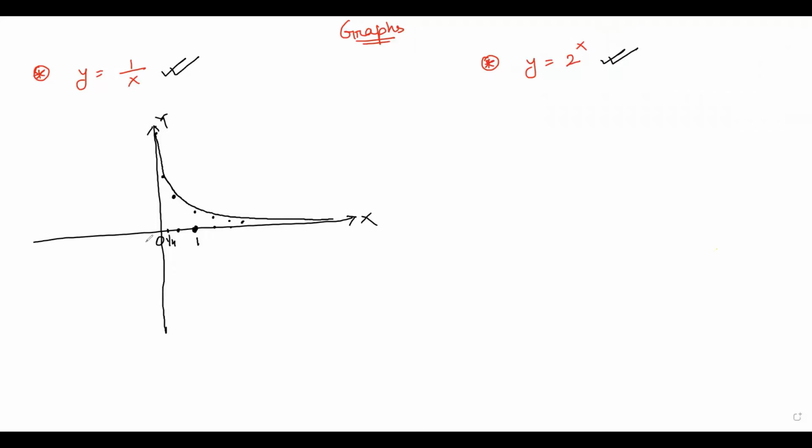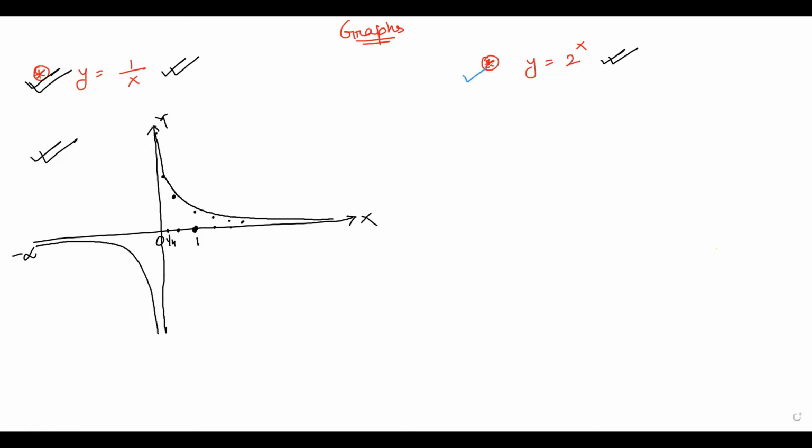In a similar way, on the left side of the origin, if we take values of x which are very close to 0, y would be tending towards minus infinity. And if we keep on decreasing the value of x till minus infinity, the value of y will be tending towards 0. So for values of x lesser than 0, the graph would be something like this. So this would be the rough sketch for the function y equal to 1 by x.